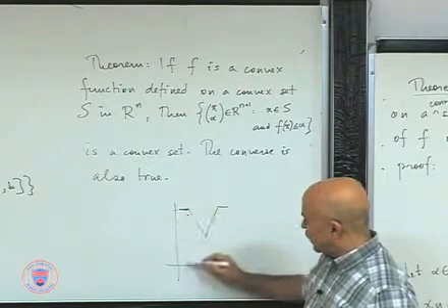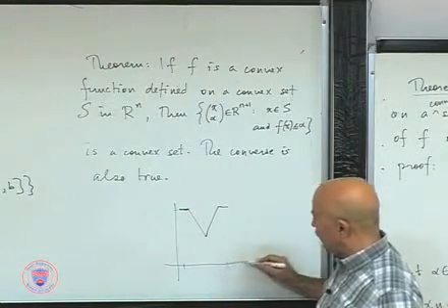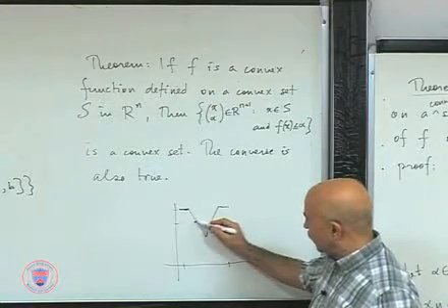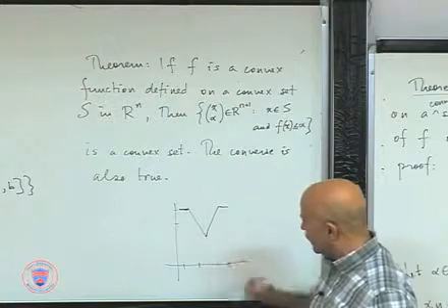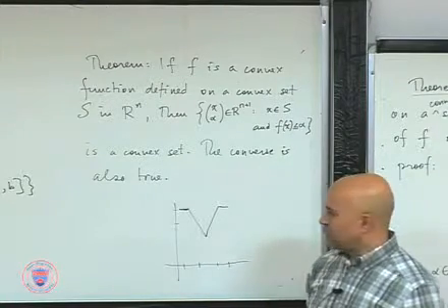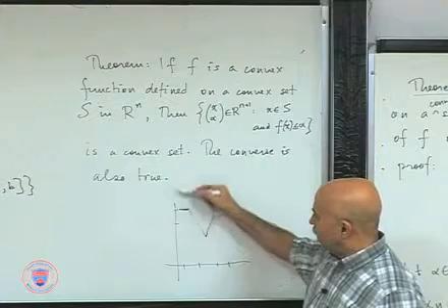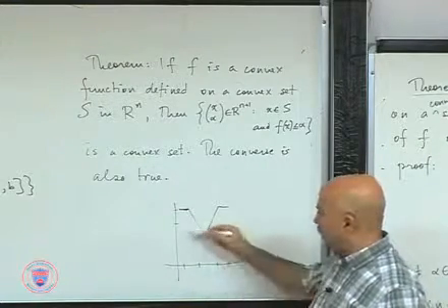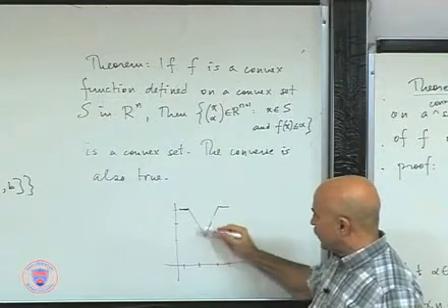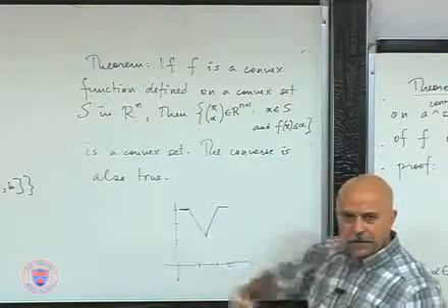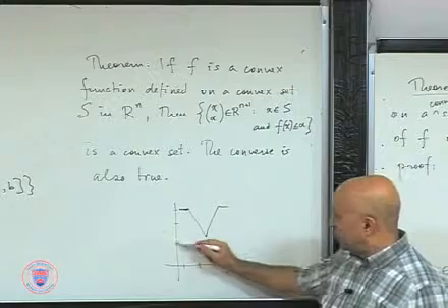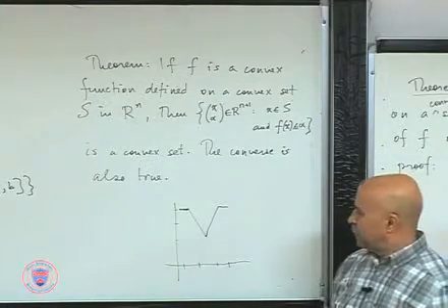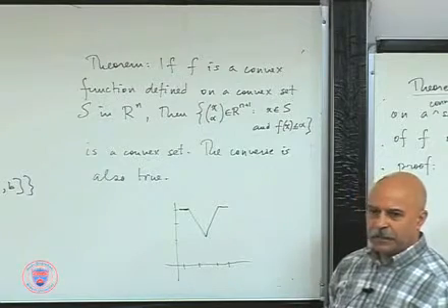If alpha is here, the level set includes the entire domain. If the alpha is here, the level set will be something like this. Okay? So you can see that any alpha greater than the marked point here will include the entire domain. Any alpha up to this one will include an interval. Any alpha below that line will give you empty level set. And so all the level sets are convex here.